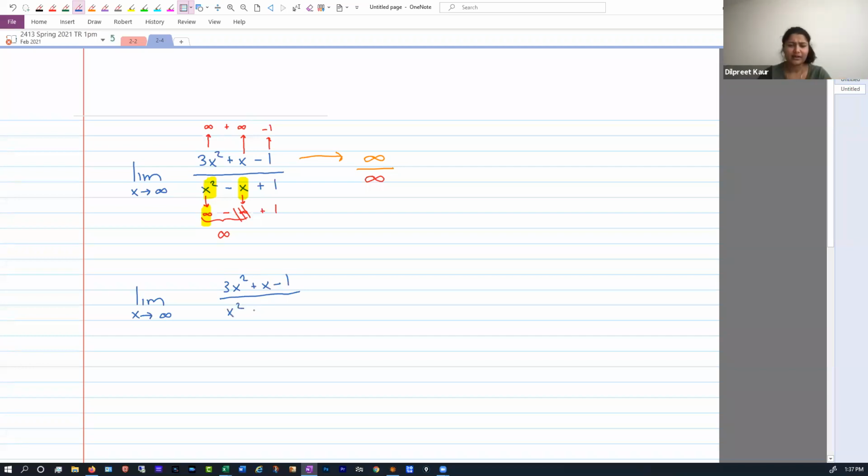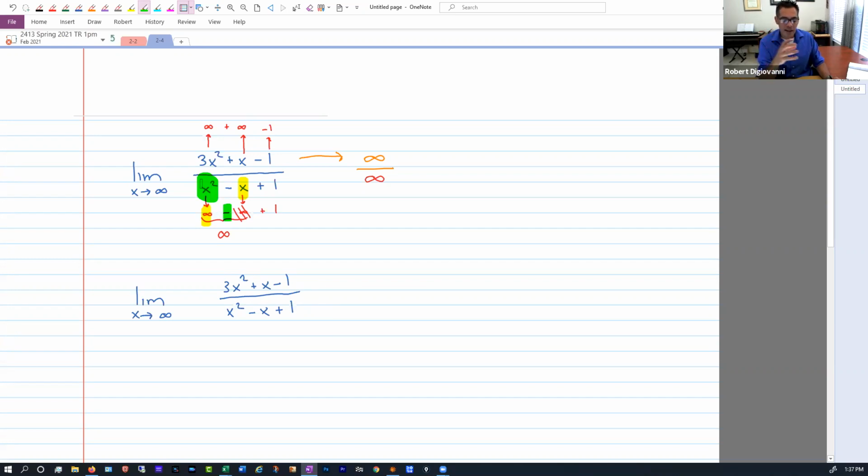Professor, why are we eliminating that x? We're not eliminating it. We're ignoring it, because even though it gets bigger, and even though I'm subtracting it, this x squared is so much bigger than the x that taking away that x doesn't impact the fact that it's still getting really big and really positive.